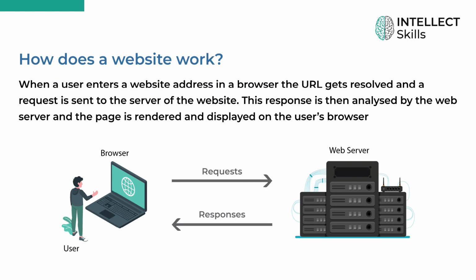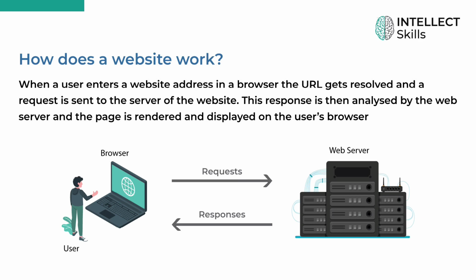When a user enters a website address in a browser, the URL gets resolved and a request is sent to the server of the website. This response is then analyzed by the web server, and the page is rendered and displayed on the user's browser. So let's understand this with a simple example.